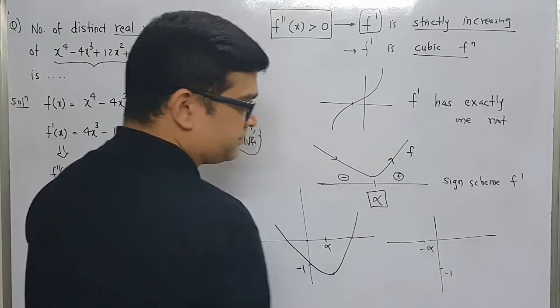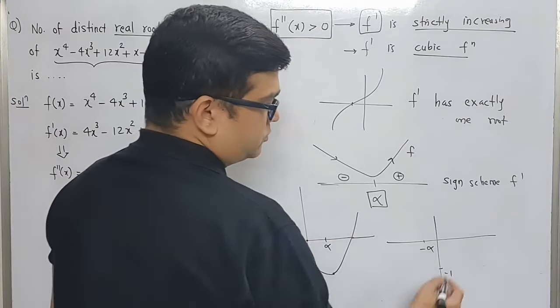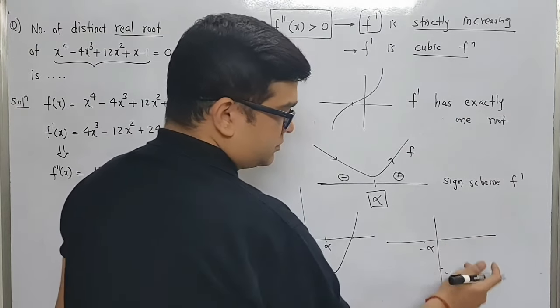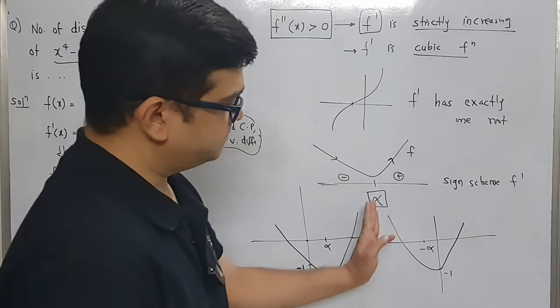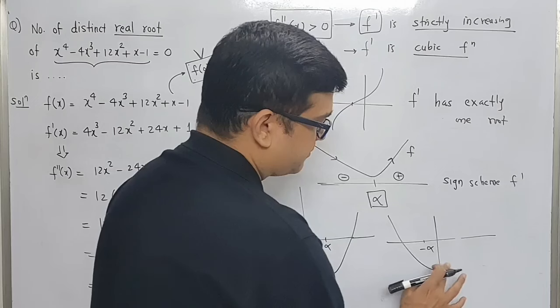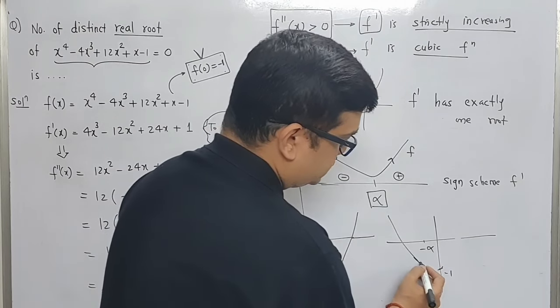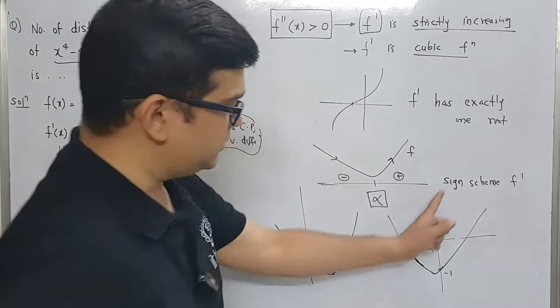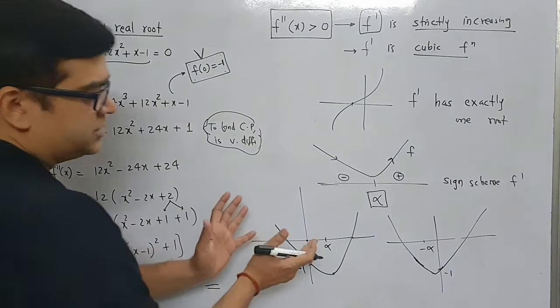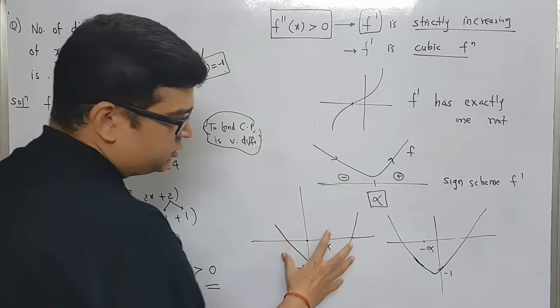Or you might think alpha may be here, so it may look something like this: till alpha it is going to decrease, and after that it is going to increase. So either you consider the graph of f like this or like this.